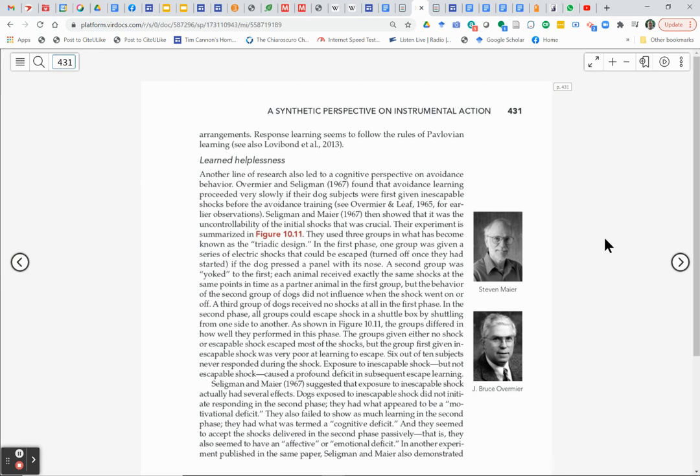And I became convinced that part of their learned helplessness was what I was studying with my inescapable shock. In my lab, you shocked animals and it inhibited pain. In their lab, you shocked animals and they didn't worry about pain, but they developed learned helplessness.